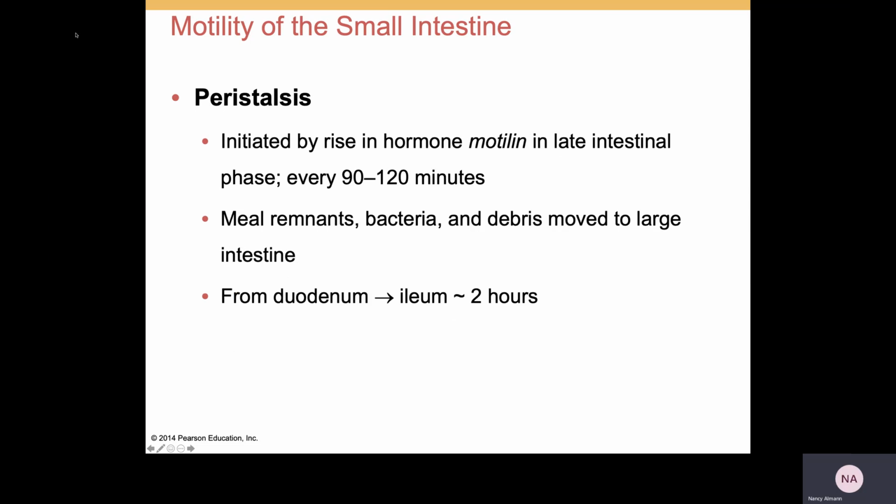You already know about peristalsis, and basically what you're doing with peristalsis is moving the remnants of the chyme, whatever bacteria is left and whatever debris is left, down towards the large intestine. And peristalsis, when normal, will move the material from the duodenum to the ileum in about 2 hours.